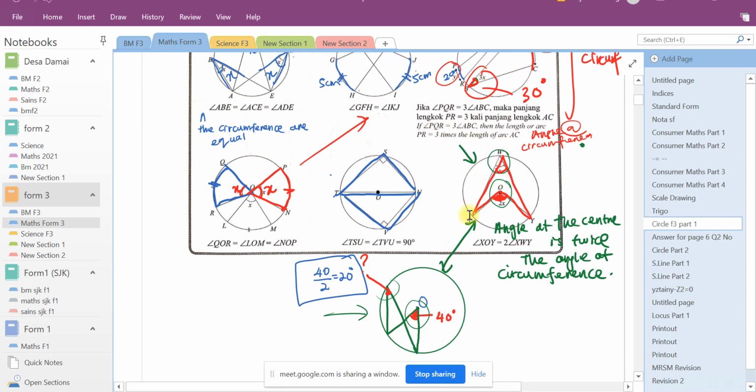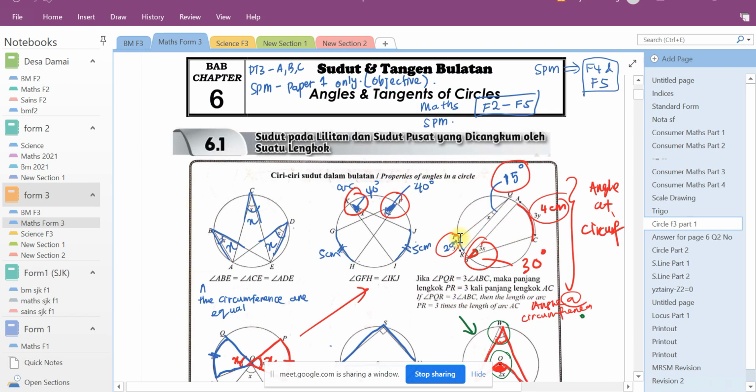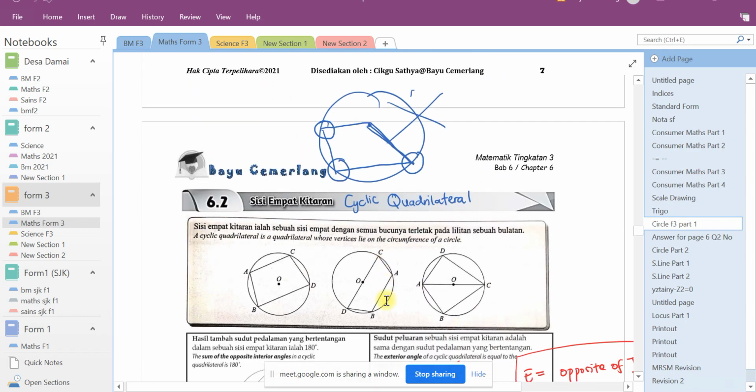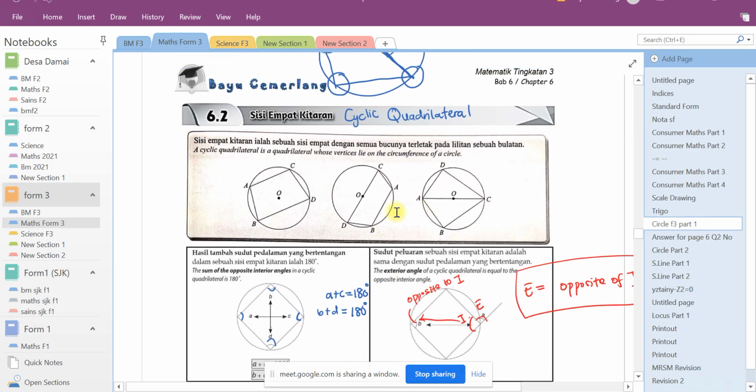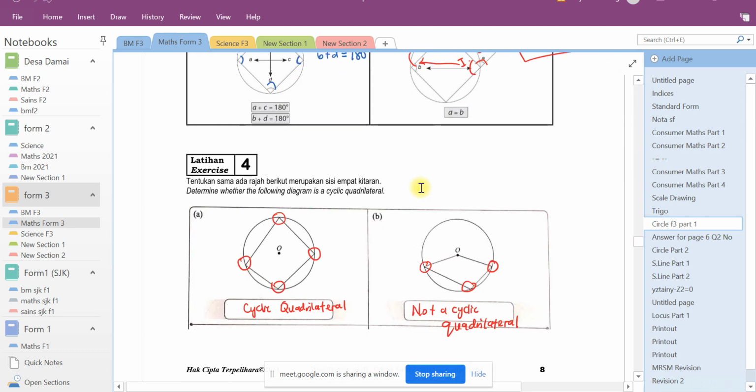Okay, let us see. In a cyclic quadrilateral, opposite angles add up to 180. That's the only thing we know. This is an example of a cyclic quadrilateral.